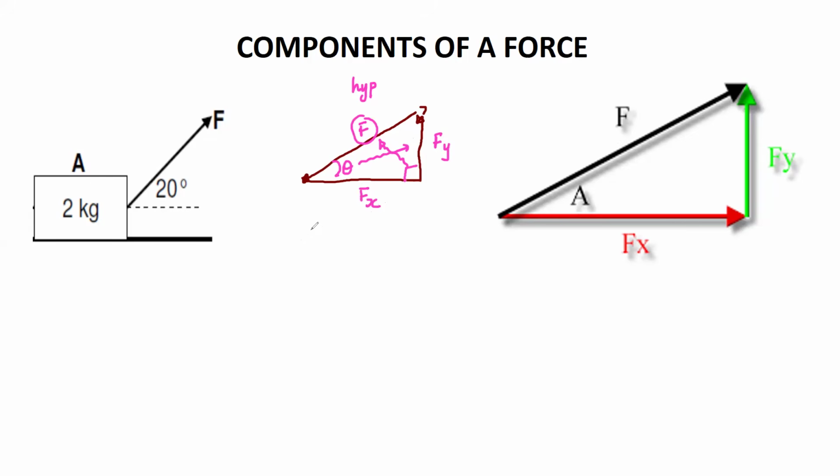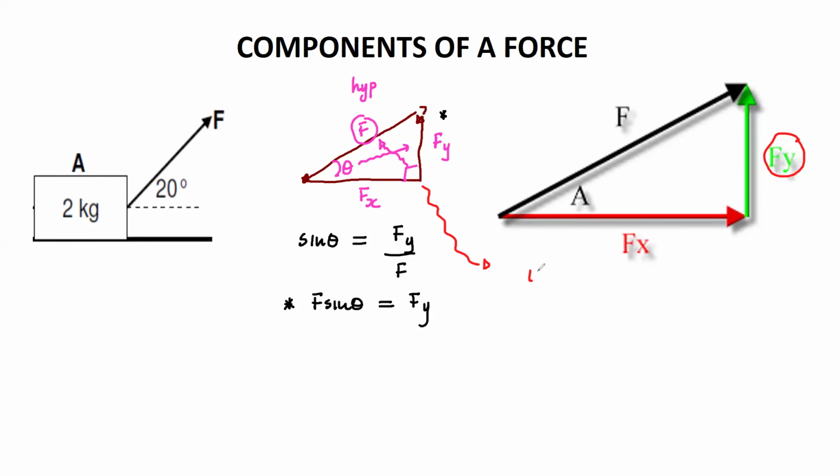So if you say sine theta in maths using this diagram, it is opposite Fy over hypotenuse F. And if you want to make Fy the subject of the formula, F sine theta is equal to Fy, which is what I wrote initially, to help you understand that the Fy vertical component is F sine theta.